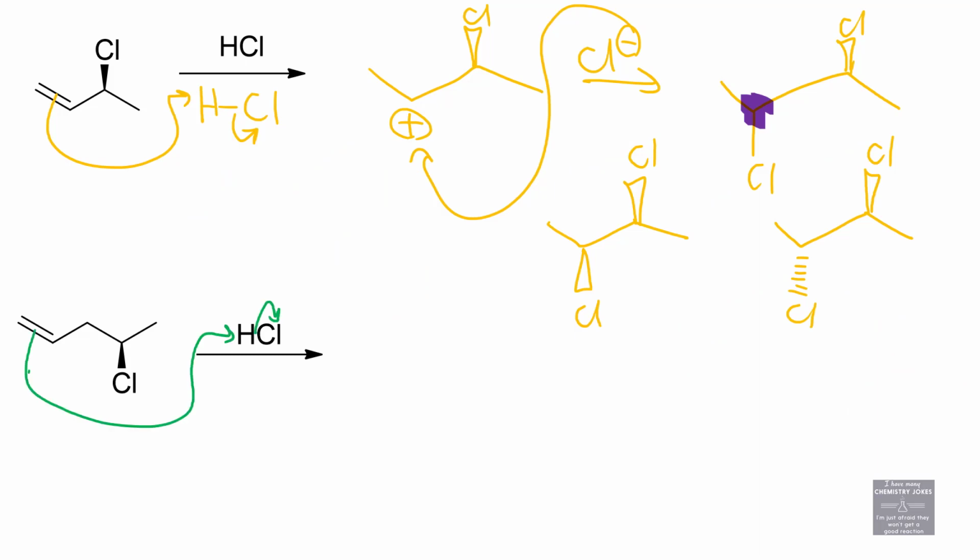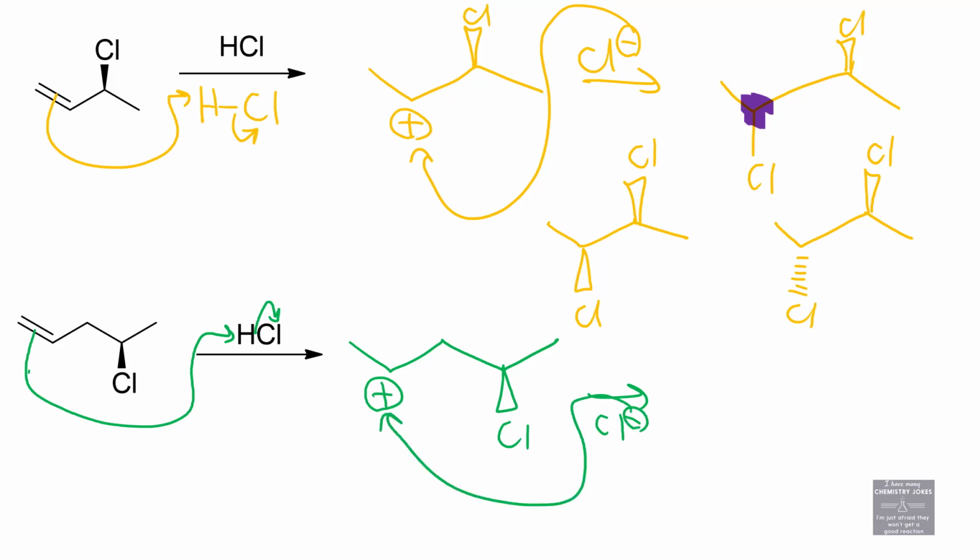HCl. Make the secondary carbocation. Leave the chlorine wedged, because that's how he started, and we ain't bothering him. I get this. Does this have a new asymmetric carbon where that chloride attacked?